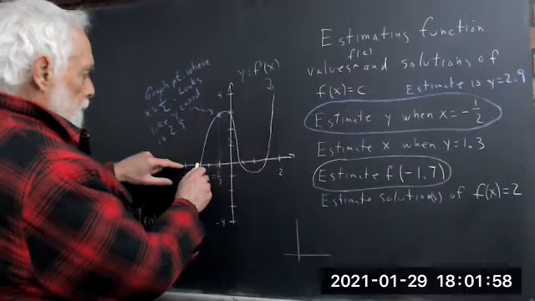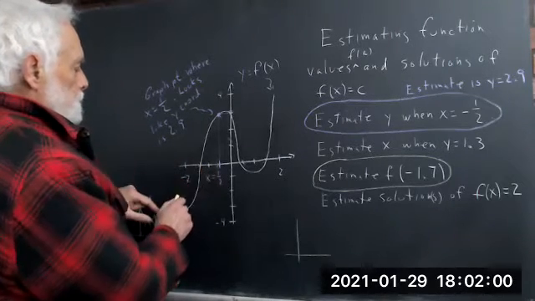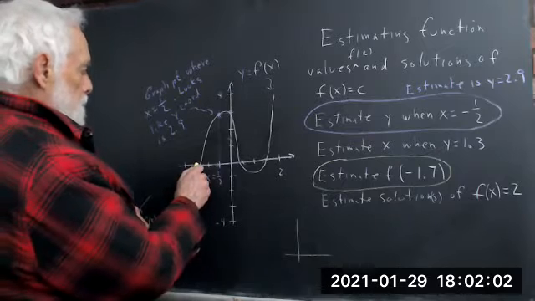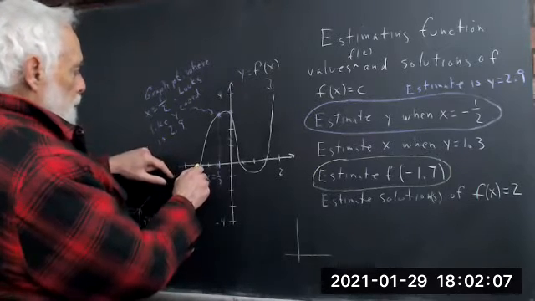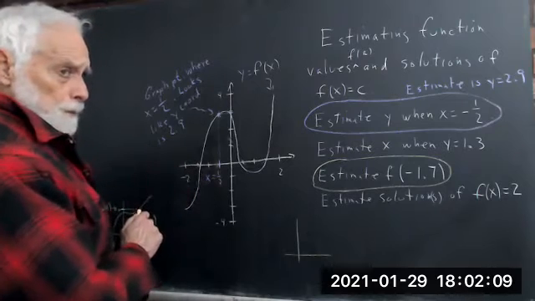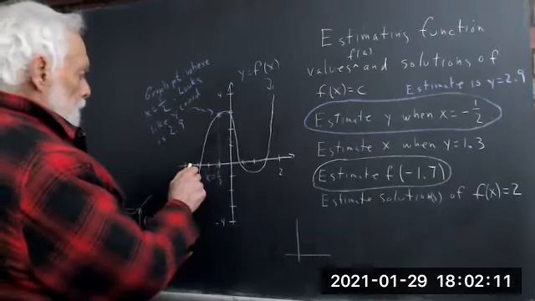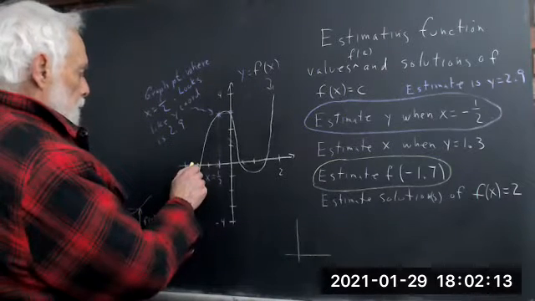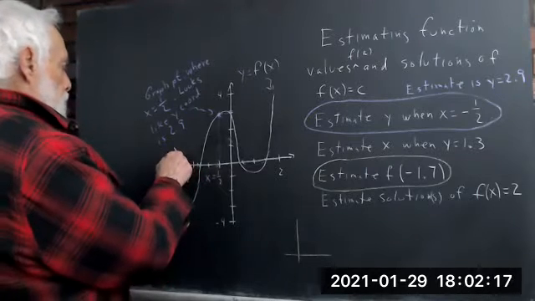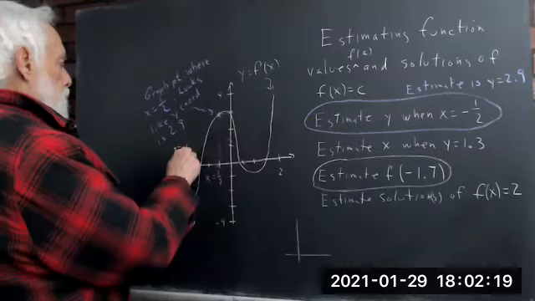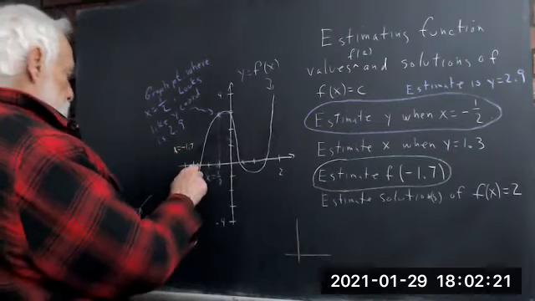Halfway would be about here, so that'd be about negative 1.5. And negative 1.7 would be between negative 1.5 and negative 2, but somewhat closer to negative 1.5. So I'm going to say that here x equals negative 1.7.